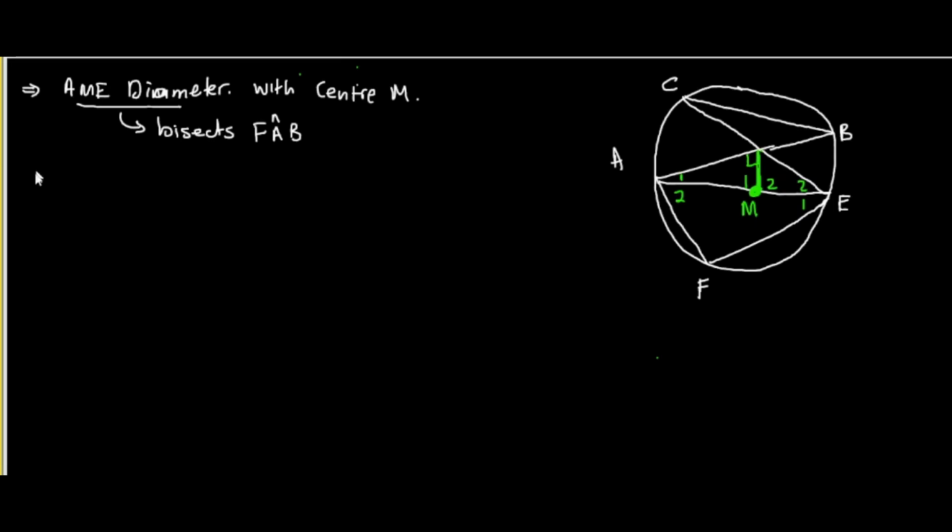Now let's look at the question. The first question, we need to prove that the triangle AEF is similar to what? To triangle AMD. Ladies and gents, I have something very good for you today.